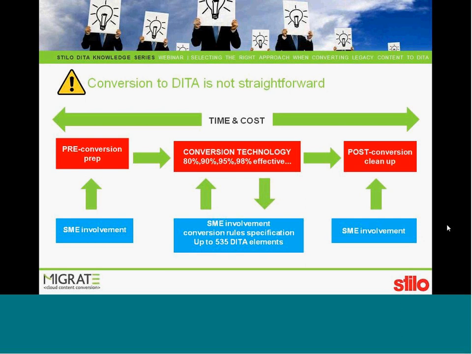At the moment, with DITA 1.2, there are up to 535 DITA elements. If you wanted to use them all, you likely wouldn't, of course, but that's the scale of things that you're trying to map content to. Of course, your content doesn't ever represent a straight one-to-one mapping. There are lots of decisions to be made in automating the conversion process. And so you are involved every step of the way.